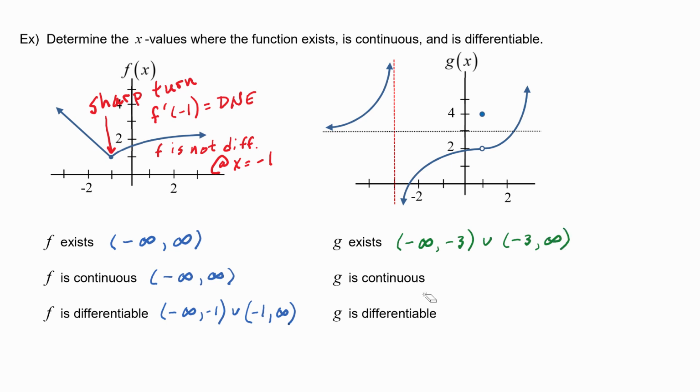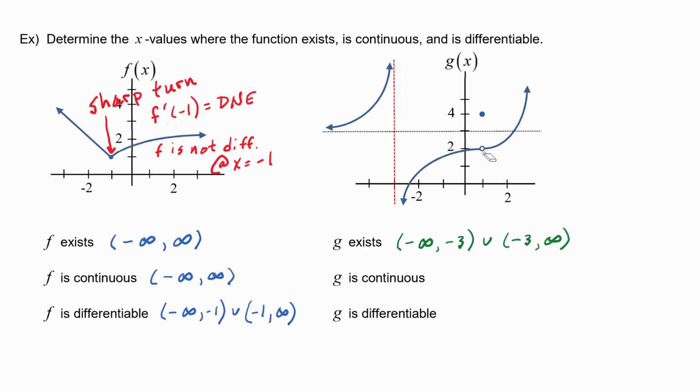Now g is continuous everywhere that we can draw the graph without ever having to pick up our pencil. And that's going to happen as long as there's not an asymptote or a hole or a jump or a break. Now, because of this vertical asymptote at x equals -3, we know that g is not continuous there.